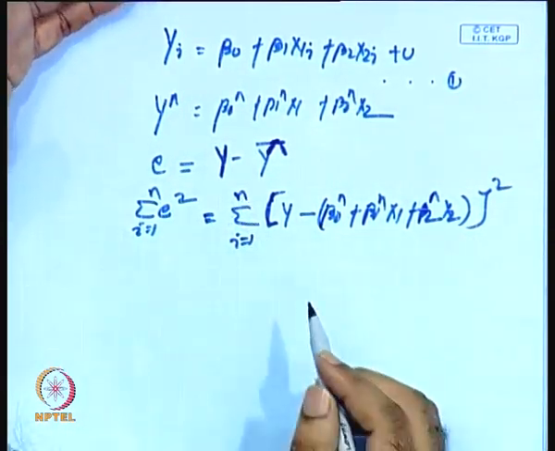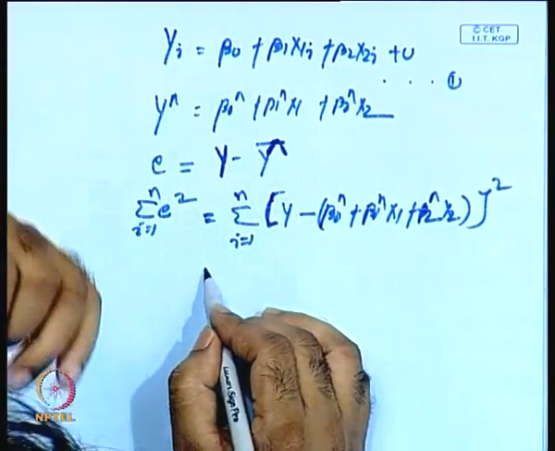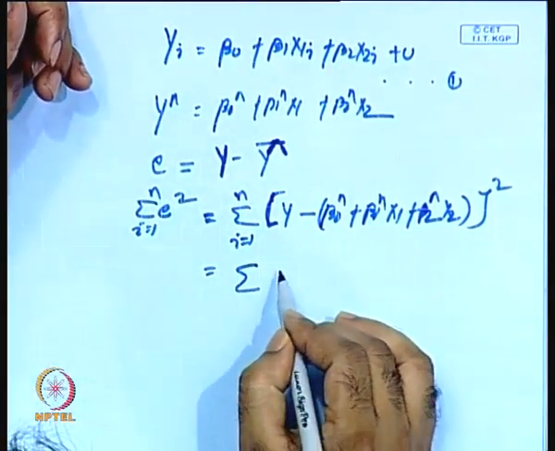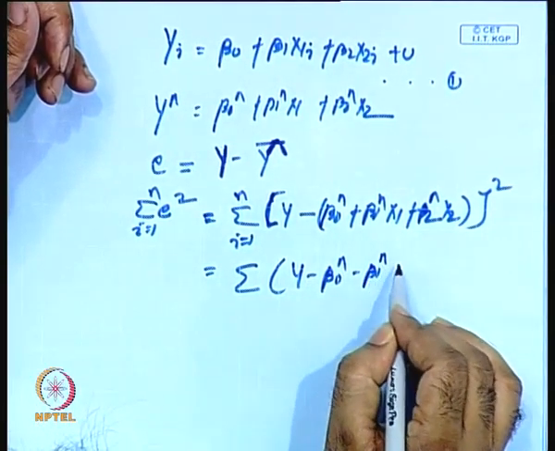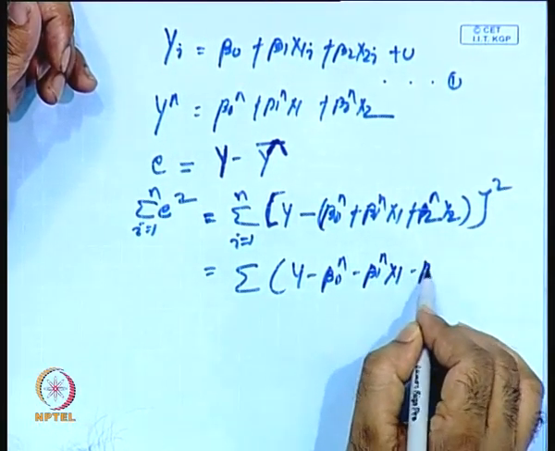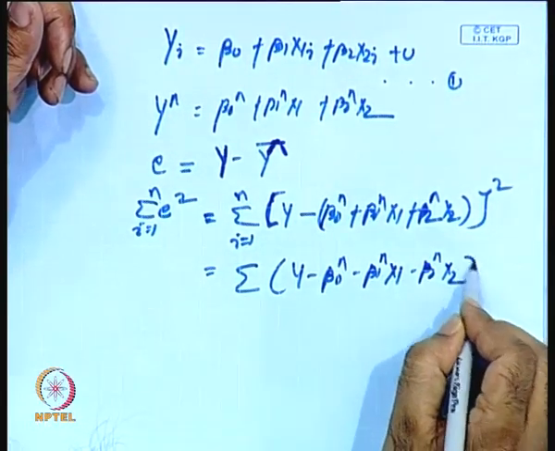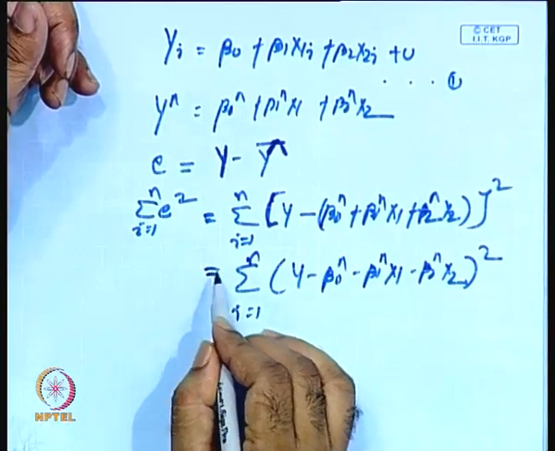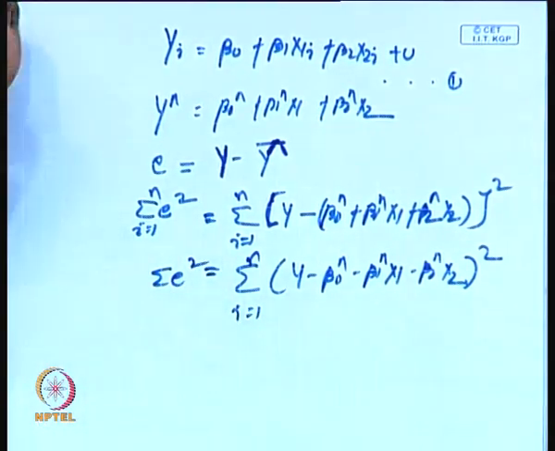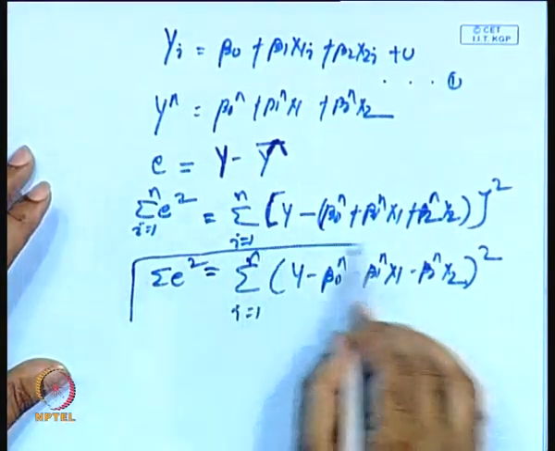So what we will do, we will simplify. Which is nothing but summation of y minus beta 0 hat minus beta 1 hat x1 minus beta 2 hat x2, then whole squared, i equal to 1 to n. So this is what we call summation e squared.